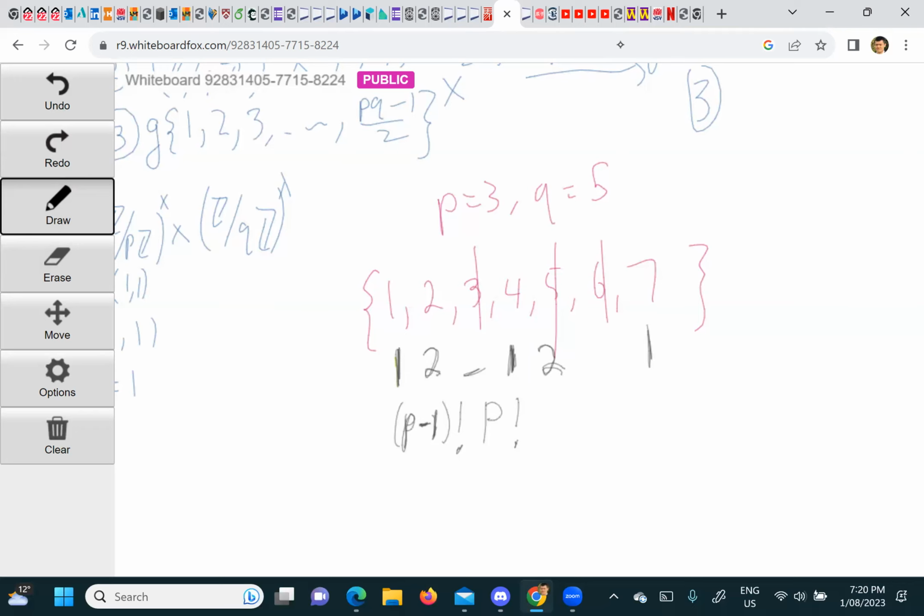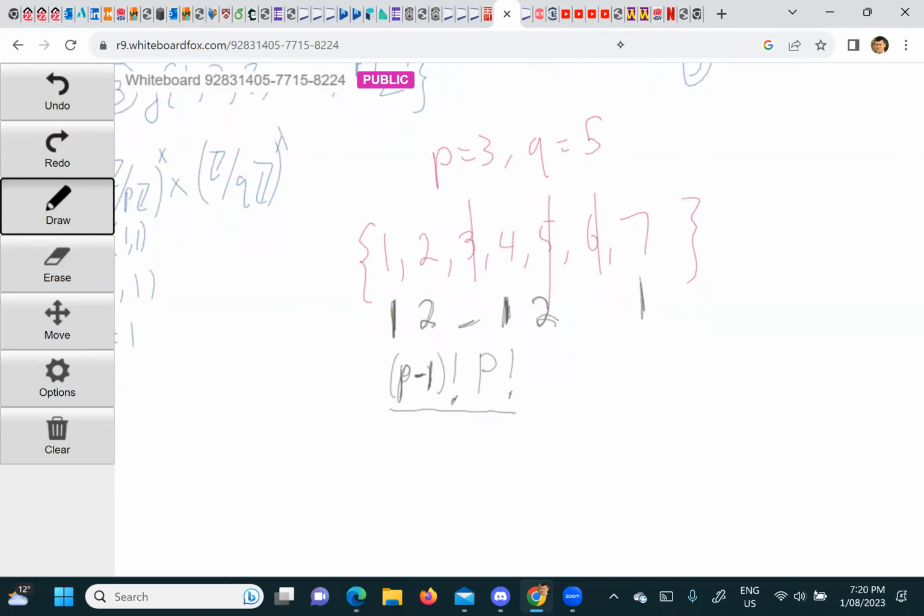So then what you get is a bunch of p minus 1 factorials and one p factorial. Then you divide out by the multiples of q.